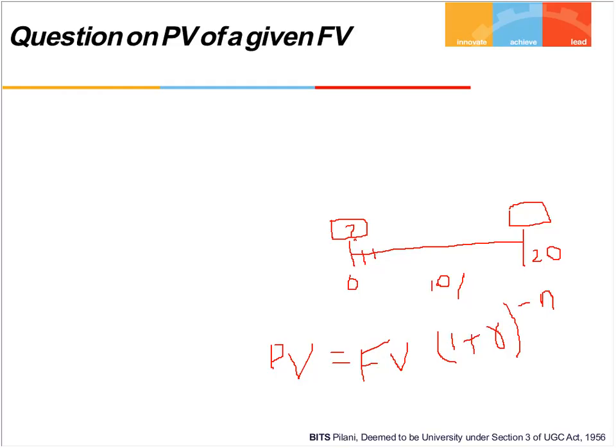This is not a mistake. What did I put there? Minus n. Future value into 1 plus r to the power minus n.